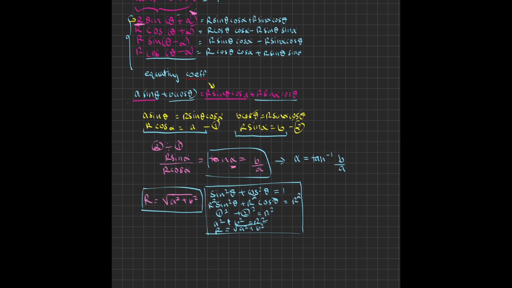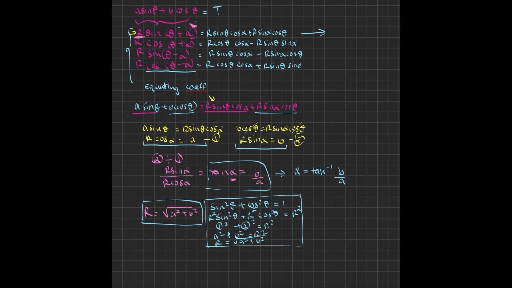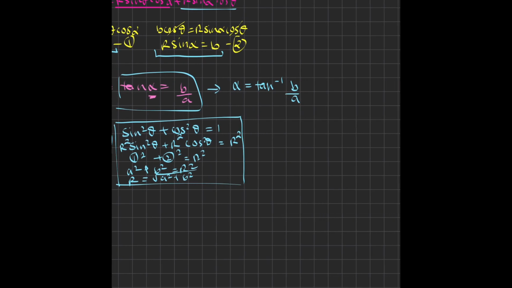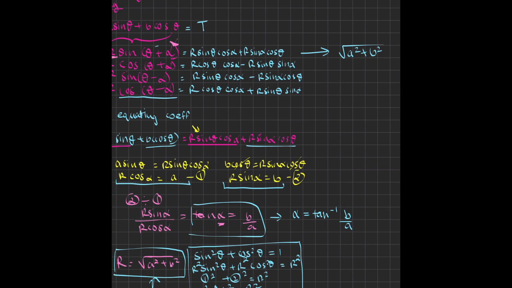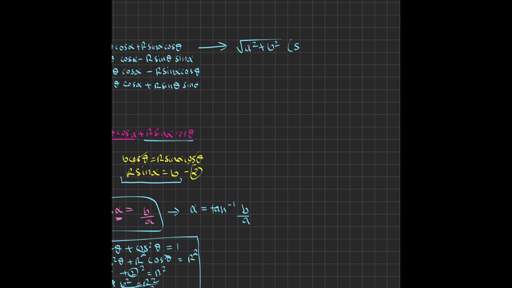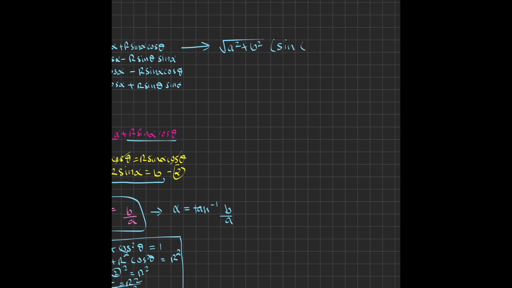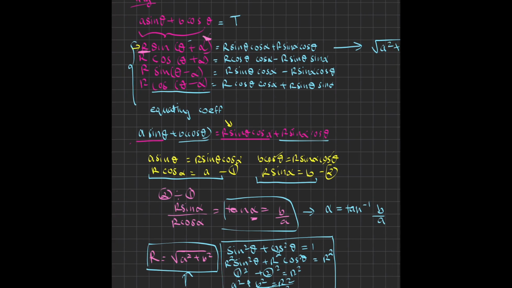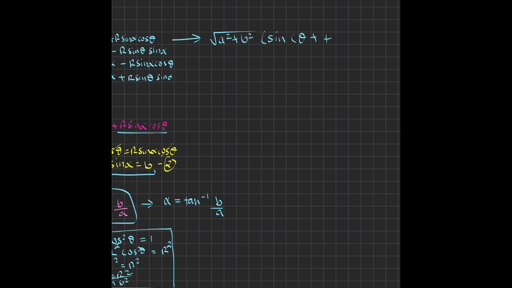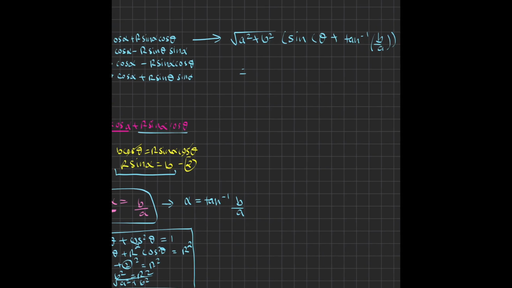So now if we want to use this value, this will just be the same as root of a squared plus b squared times sine of theta plus alpha, which we have from here is just tan inverse of b by a, is equal to t.